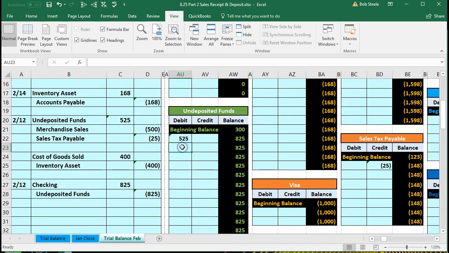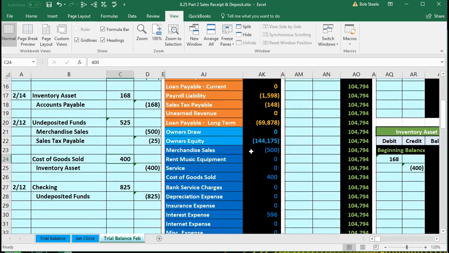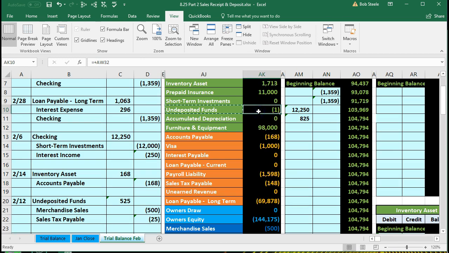We want to be in the debit side, so we're in AU23, equals, and we will then point to this 825, bringing the 825 balance down by 825 to 0 or 1. It's off by rounding. In this case, that's okay. We're going to scroll back to the trial balance. We see that same rounding 1 right there.